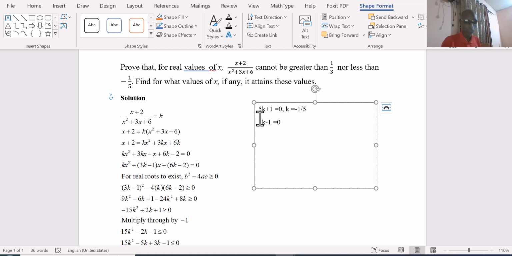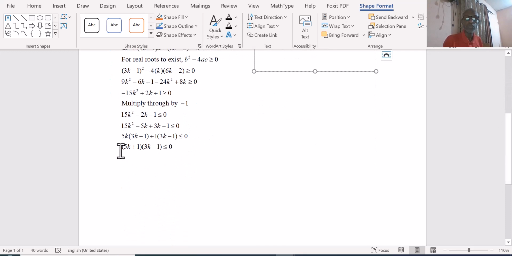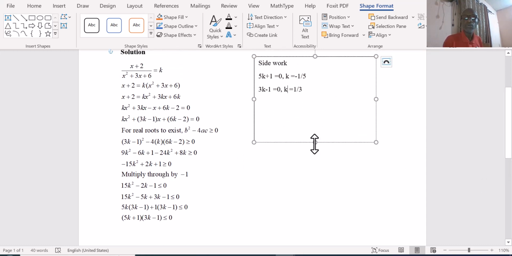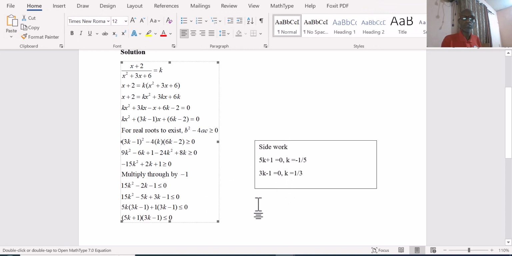This is side work, not part of our main work, but it will help aid us in our working. Remember, these are the two values in our inequality, and that's what I wrote in this table. So I'm going to work with these two values now.